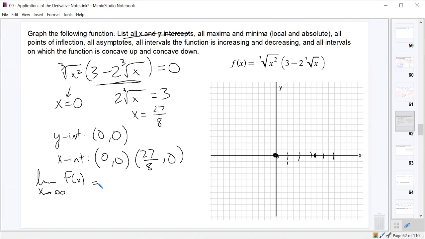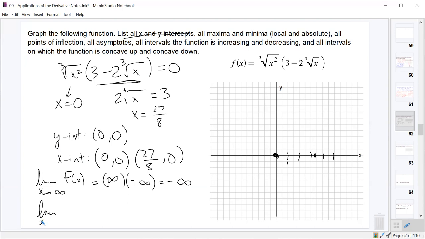But we have 3 minus 2 times the cube root of x, which makes the outside of the parentheses a positive infinity and the inside of the parentheses a negative infinity, which means that this thing is going to go towards negative infinity. It doesn't have an asymptote, but we do know that as our graph goes towards infinity, it's going to be falling down towards negative infinity. And this will also help us determine that there is certainly not going to be any absolute minimum.